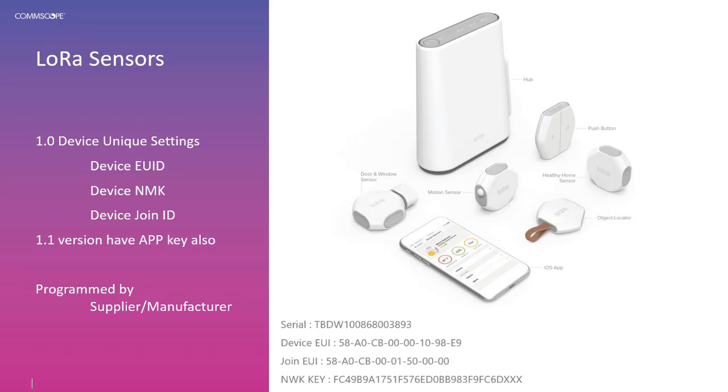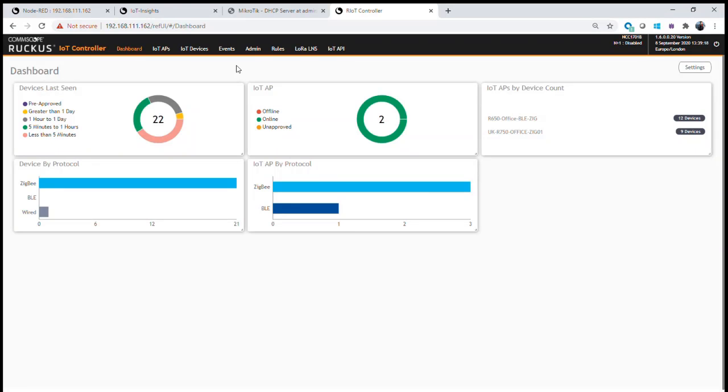If it's a newer version of LoRa, you may also have an app key that will be similar to the network key but will be a different value. So depending on which one you're using, you may have just a network key or a network key and an app key. The key thing here is these will be provided to you by the manufacturer or by the supplier of your devices. Make sure you have those before you try and onboard any devices into the LoRa network server.